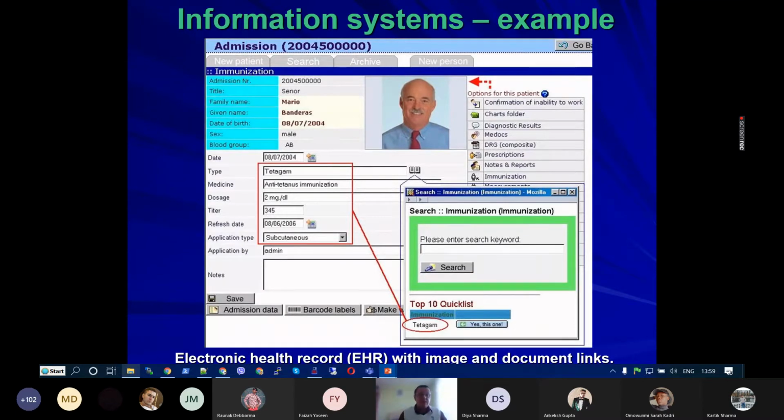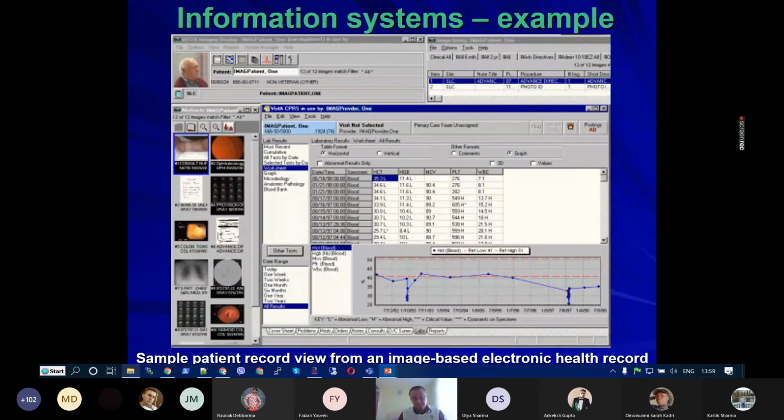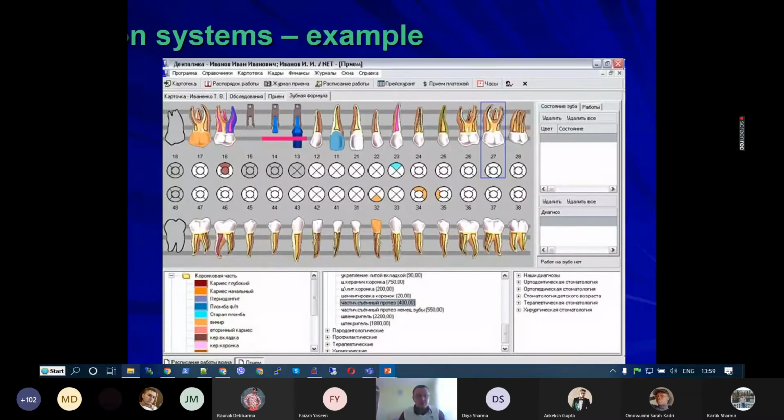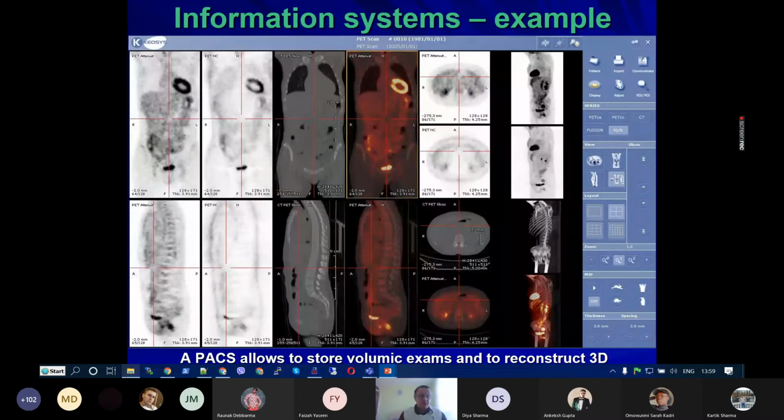Actually, we have a separate lecture about medical information systems, and here are only a few pictures of how electronic medical health records, or electronic health records, look within an integrated system which supports everything up to uploading medical images and some analytical measures, how it looks for dentists even, or how a professional medical imaging system could look like and what it could contain.